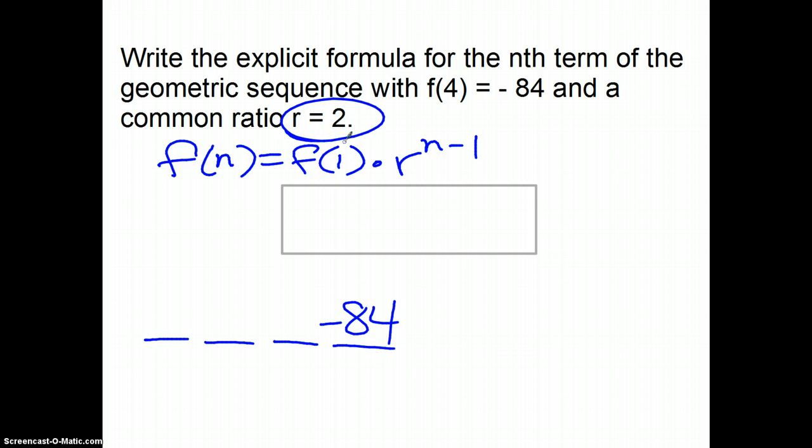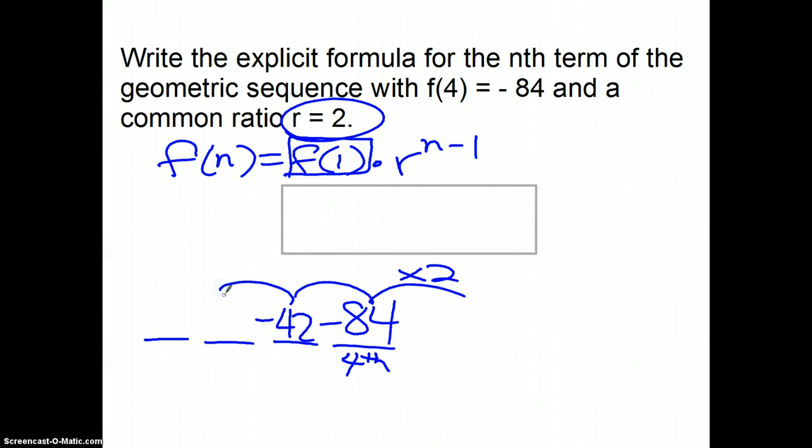But in this case, my 4th term here, I need my first term for this one. So if I go this way, I would be timesing by 2. But since I want to go backwards, I'm actually going to divide it. So I'd have negative 42. Divide 2 again. I'm going to have negative 21.